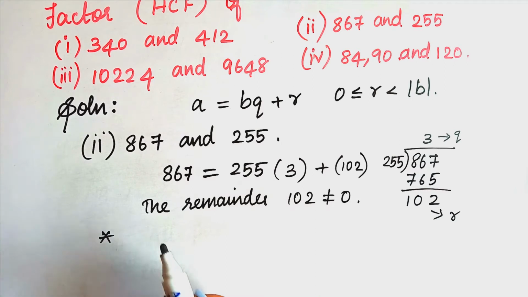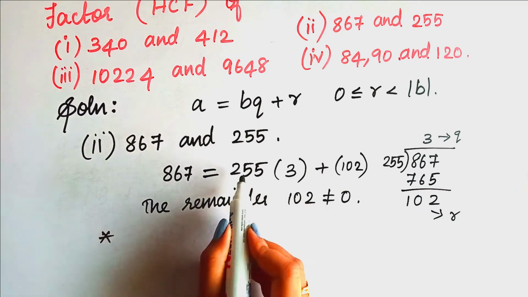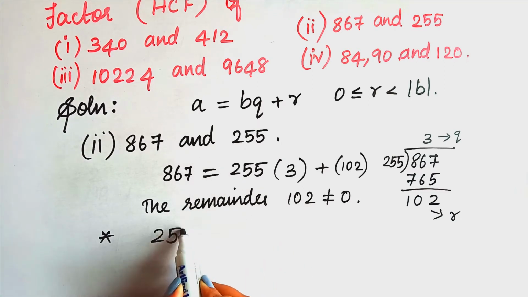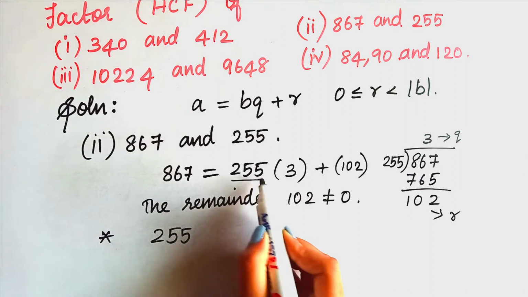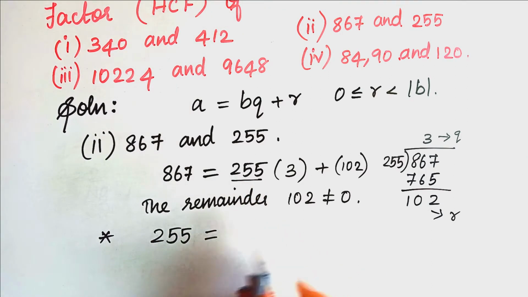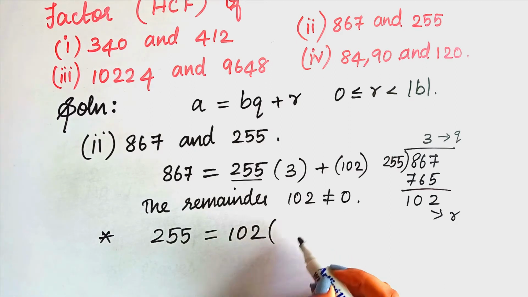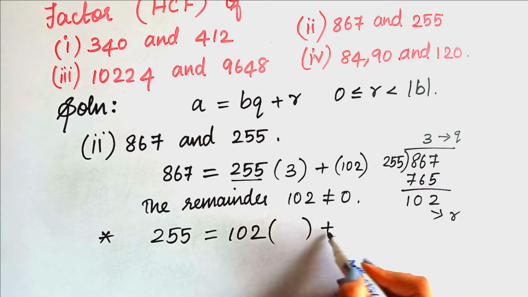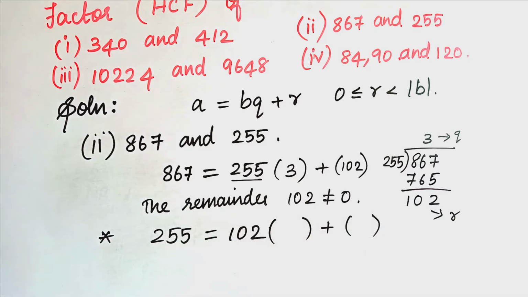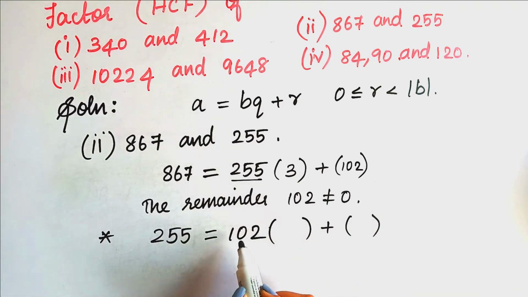So we have to make another step, which we have to start with 255. So 255 will be equal to, we have to put the remainder here 102, and now we have to find the quotient plus the remainder. Now let's divide.